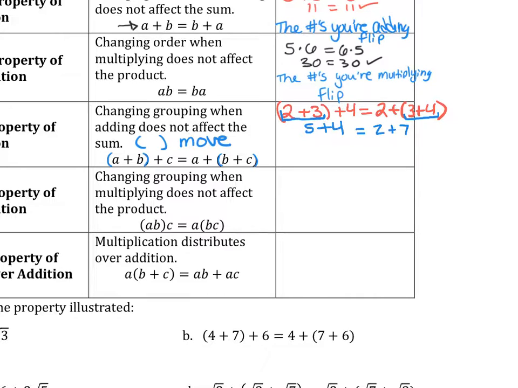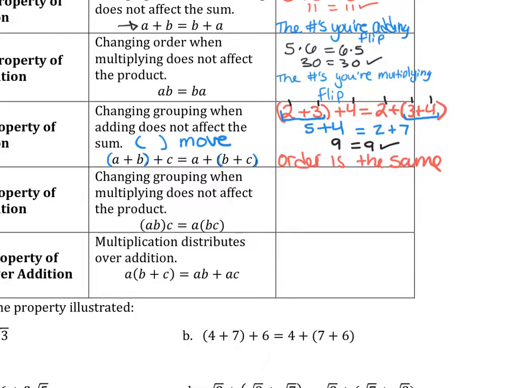And either way, we still get 9. So again, it's just when the grouping changes, when the parentheses move. The order is still the same. It's still 2, 3, 4, 2, 3, 4. The order of the numbers is the same, just the parentheses are moving.